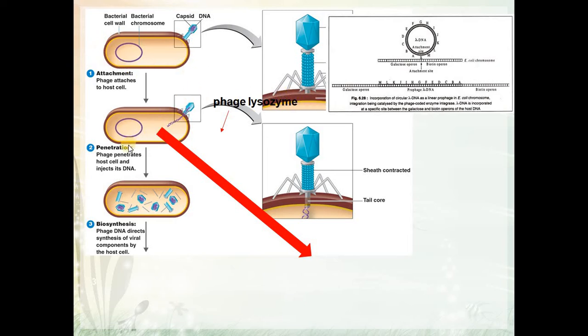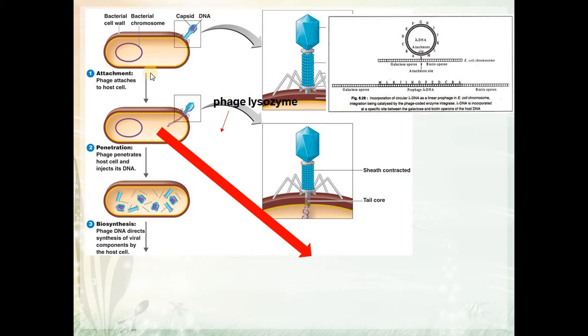In stage 2, penetration, the hydrolytic enzymes that are located right here in the base will be used to puncture a hole through the bacterial cell wall. And when that happens, the DNA will migrate from the capsid through the neck region and then inside the bacterial cell.